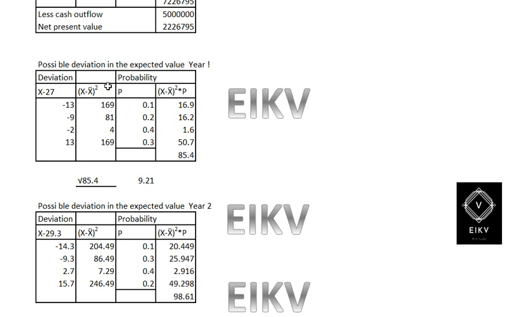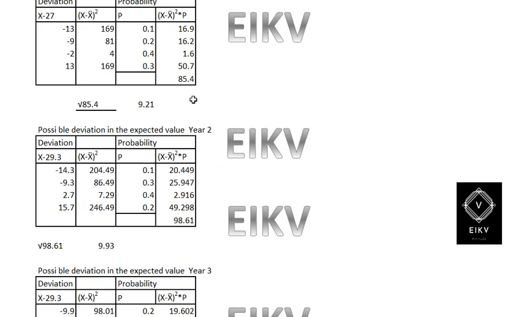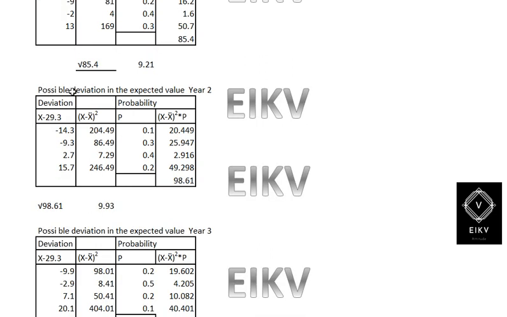After computing the x minus x dash whole square, it should be multiplied with the probability of the respective year. We will get the sum total of x minus x dash the whole square multiplied by p, which is 85.4. When we take the root of 85.4, we will get the standard deviation as 9.21, which is the risk of the first year.